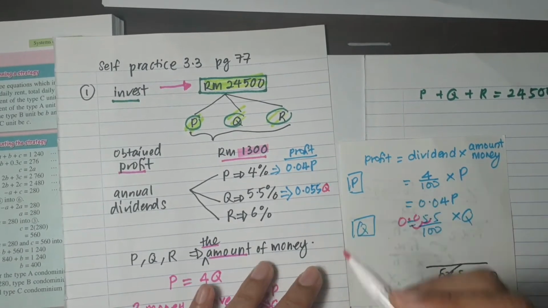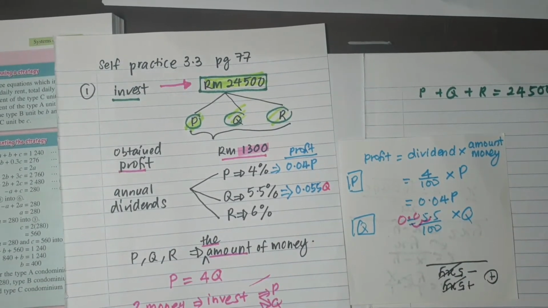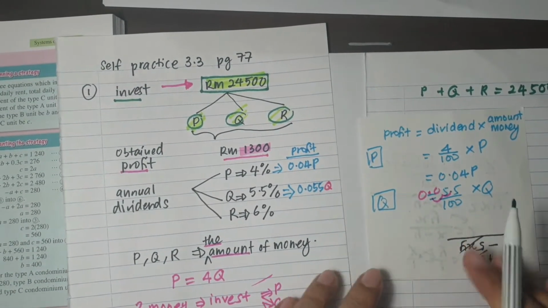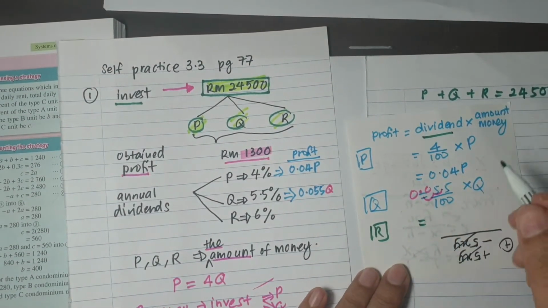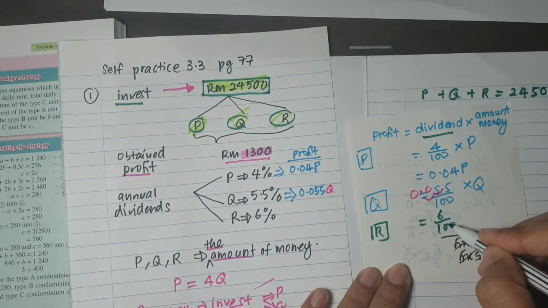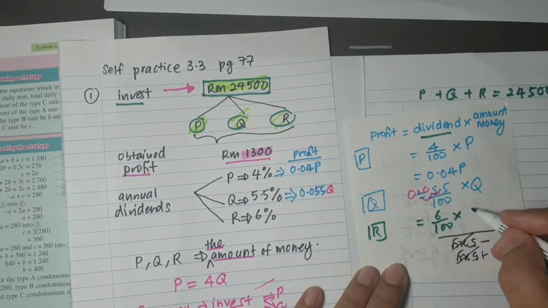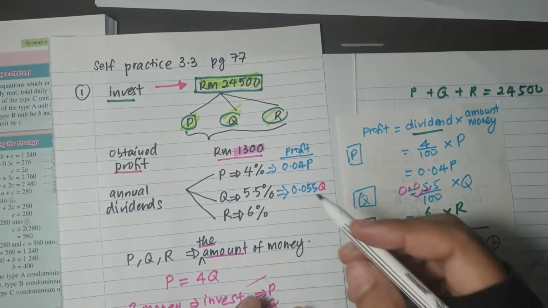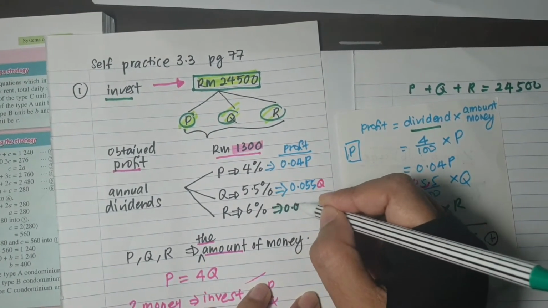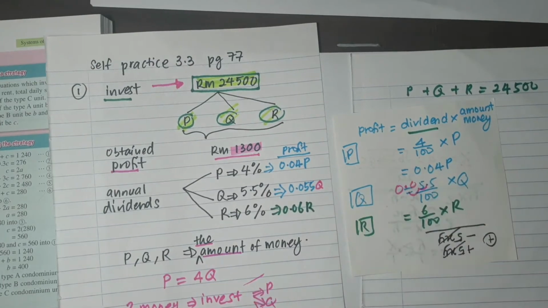Q. Next, account R. The same, how to get the profit? Dividend. Dividend dia 6% of money in account R. So 6% adalah 0.06R lah.